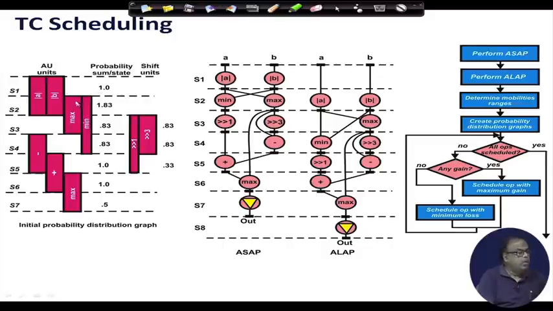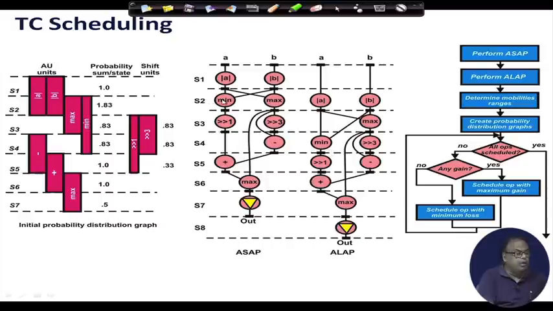Max can be scheduled either here in step 2 as shown here, or max can be scheduled in step 3, all right, and min can be scheduled here, here or here. Clear? Follow this.